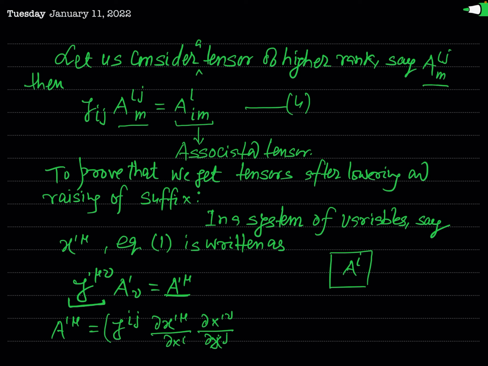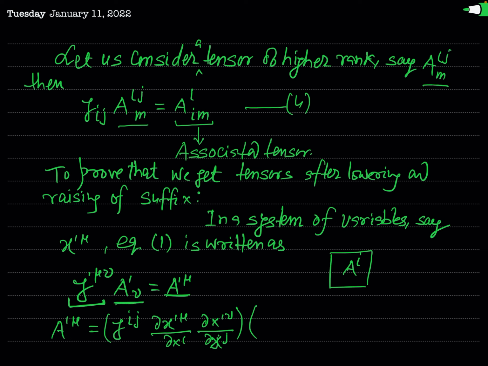And again, according to the transformation law of a first rank covariant tensor, what is this A prime nu? A prime nu is actually a covariant tensor of first rank in the primed coordinate system.